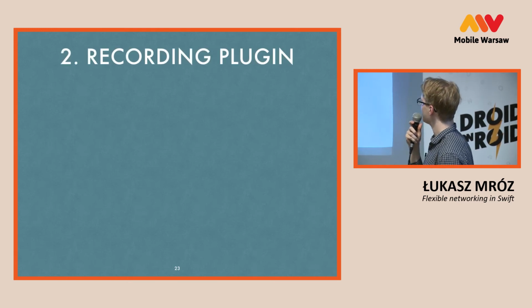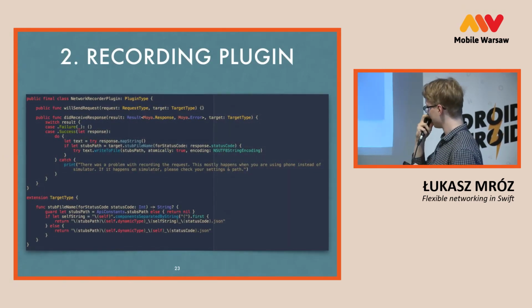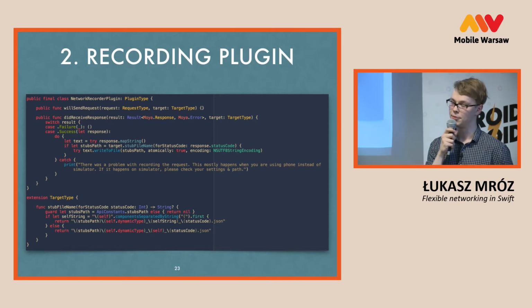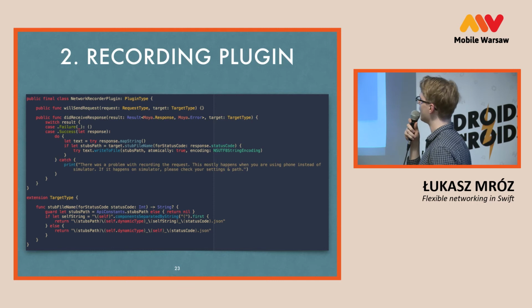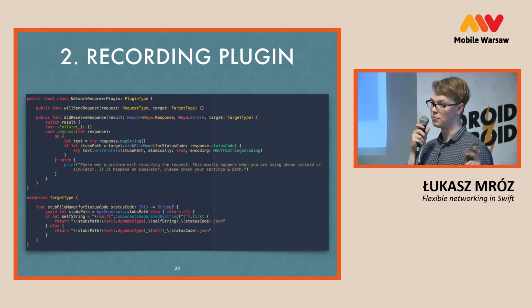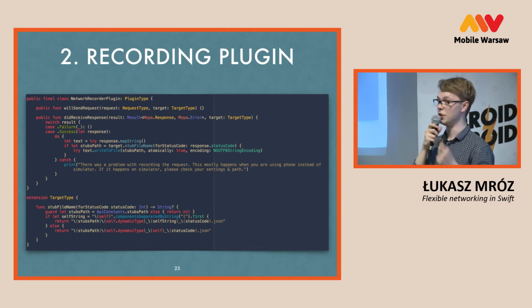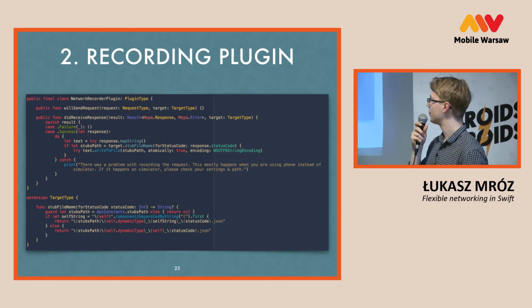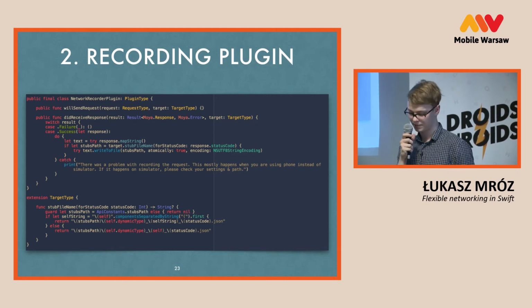The interesting part is the plugin that is recording the requests. So Moya has a plugin type that you can conform to, and we have to implement two methods. First is willSend request, and second one is didReceive response.